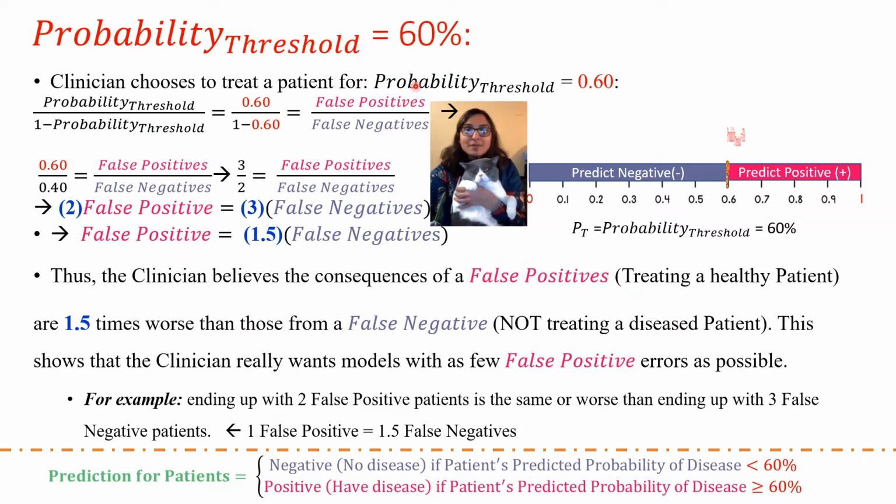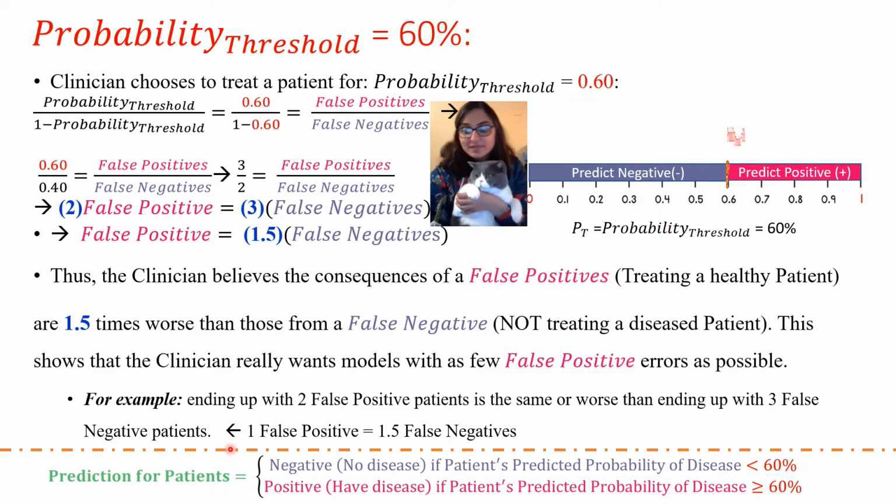And for a probability threshold of 60%, we're seeing that instead we're more than 50%. So in this situation, if our probability threshold is greater than 50%, then it means that false positives are worse mistakes than false negatives. We really don't want to be predicting positive if it's wrong.